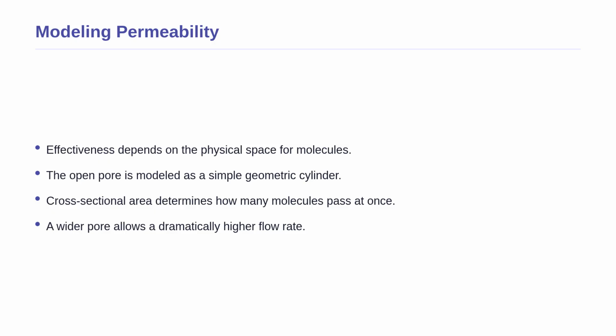In biology, we can model the open pore of a gap junction as a simple geometric cylinder. The cross-sectional area of this pore determines its capacity, much like how a wider plumbing pipe allows more water to flow. Even a tiny widening of this pore increases the flow dramatically.